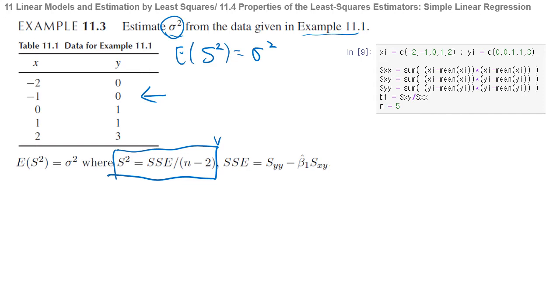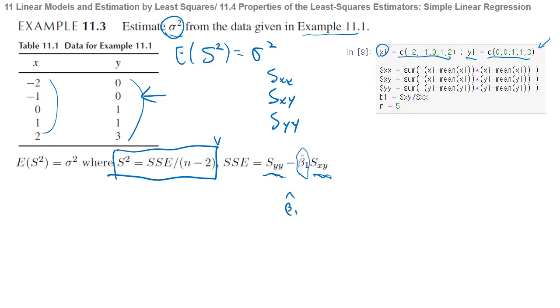To store the data, let's define xi as minus 2 to 2, and let's define yi as 0, 0, 1, 1, 3. After this defining stage, we can calculate sxx, sxy, syy. Actually in the calculation we only need syy and sxy, but in the calculation of beta 1 hat, we need to calculate it with sxy divided by sxx.